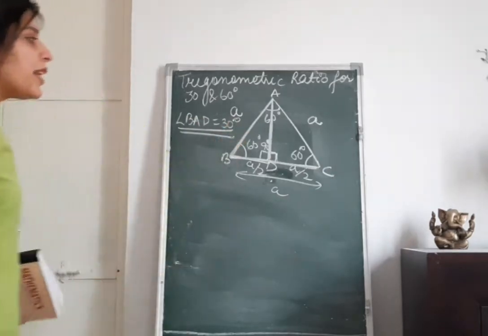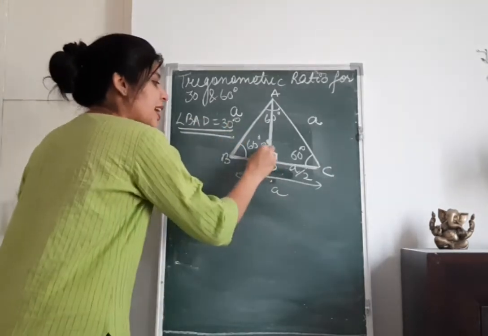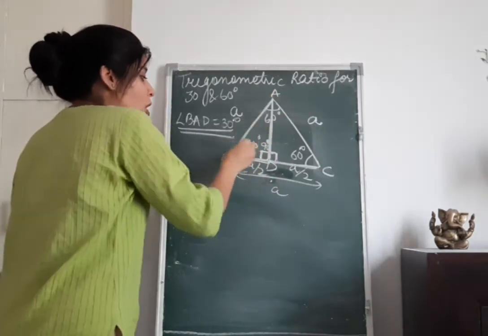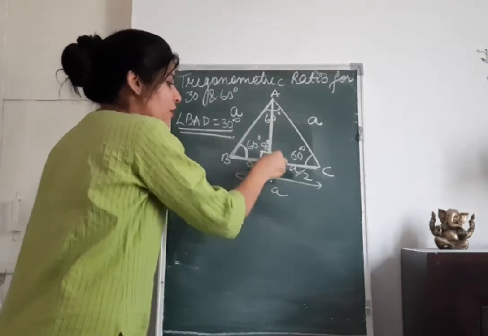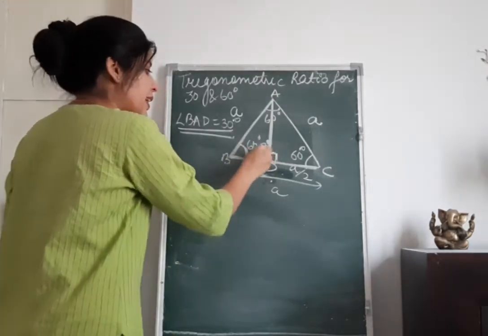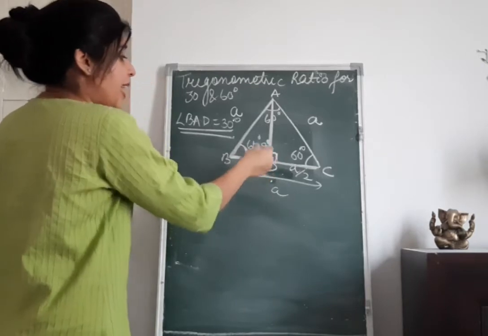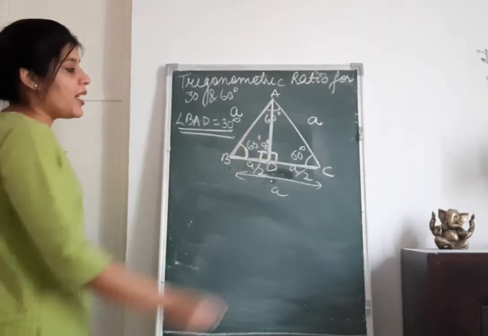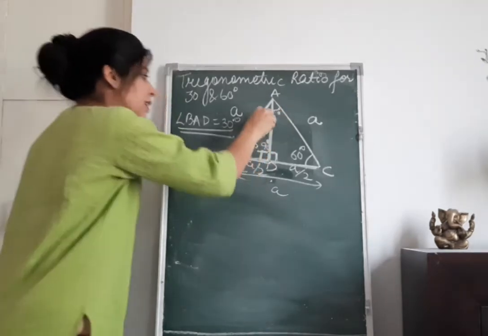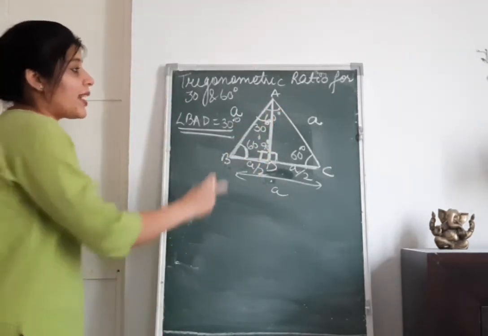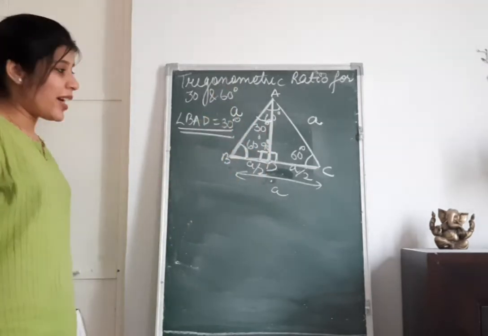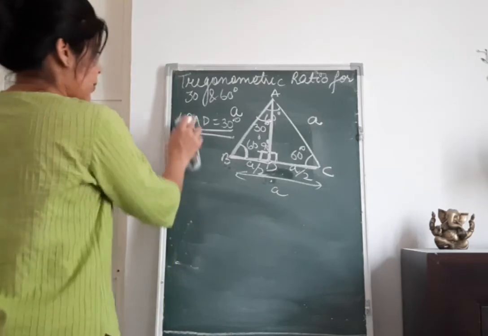I can say this angle BAD is going to be equal to 30 degree because this is 90 degree, this is 60 degree and sum of interior angles of a triangle has to be equal to 180 degree. Therefore, if this is 60 degree, this is 90 degree, then 90 plus 60 degree is 150 degree and 180 minus 150 degree gives this as 30 degree, right? So can I say angle BAD is going to be equal to 30 degree, right? Okay.